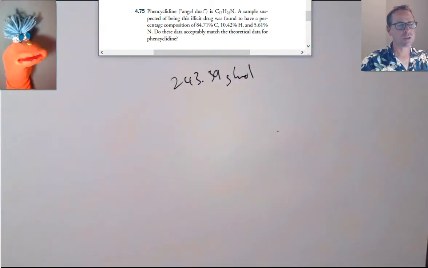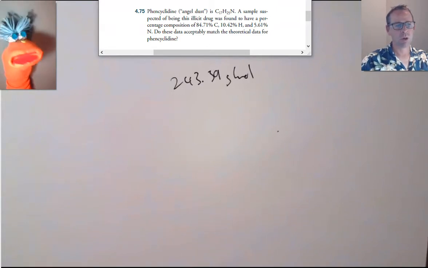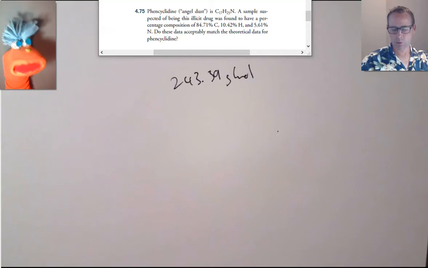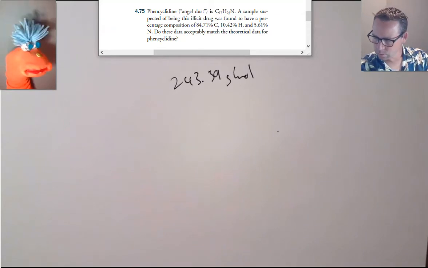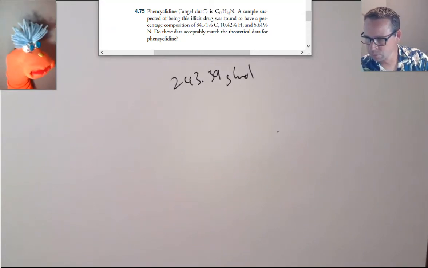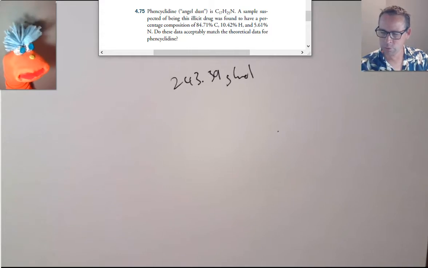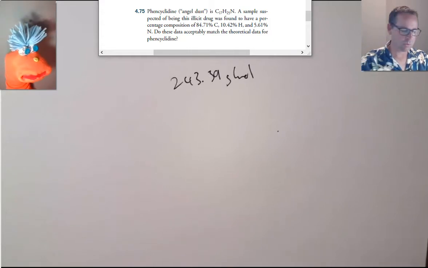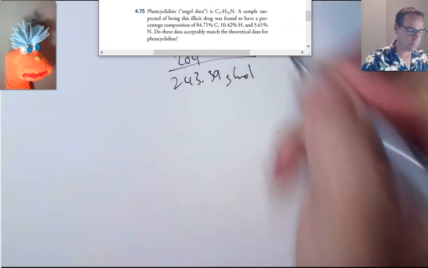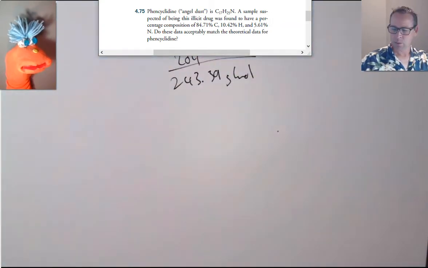So how do we determine what percentage is carbon? 12 times the 17 divided by that number. That's right. So what's 12 times 17? It's 204. Very good, 204. So 204 divided by 243.39.